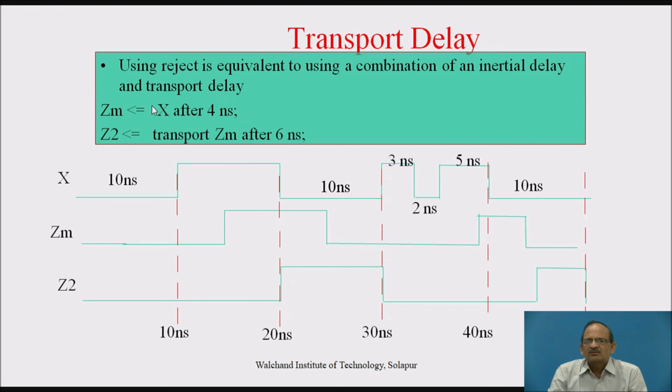So using a reject is actually equivalent to using a combination of the two. The reject pulse width was 4 nanoseconds, so first an inertial delay of 4 nanoseconds, and since the total delay was 10 nanoseconds, the remaining delay is through transport.